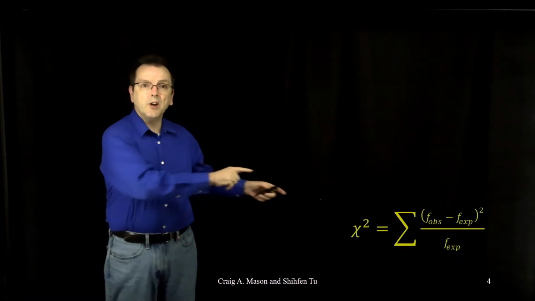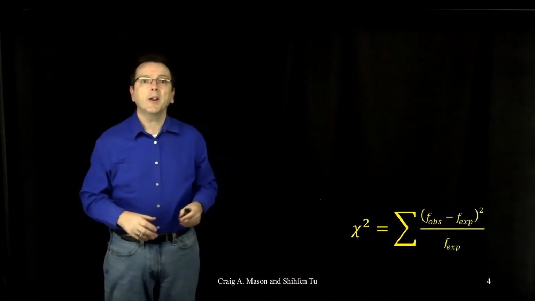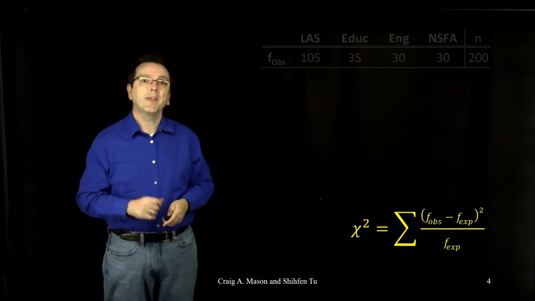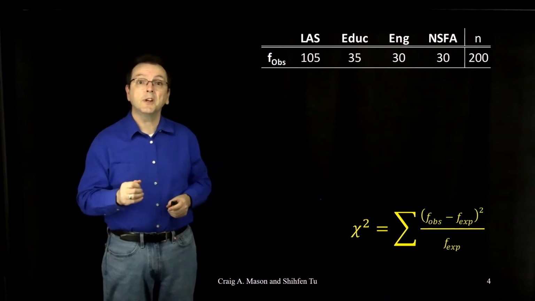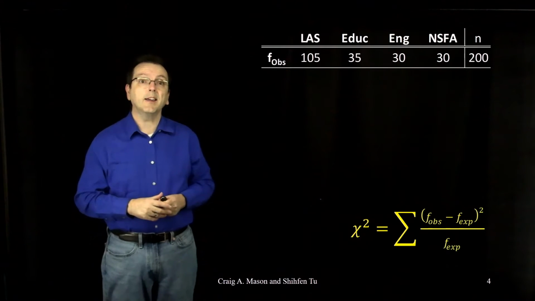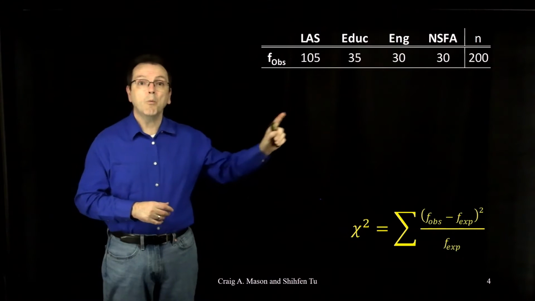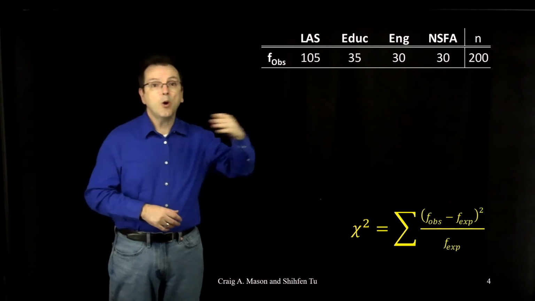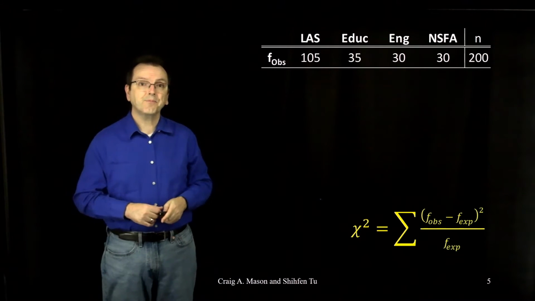So here's our chi-square formula, right? We'll put it over there so that we have more room to work with here. And here are the observed values for the 200 students that we surveyed at the hockey game. Notice each person shows up in one and only one group, and the total across all four groups is 200.